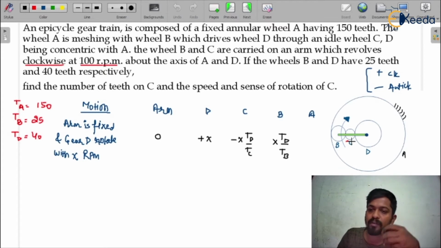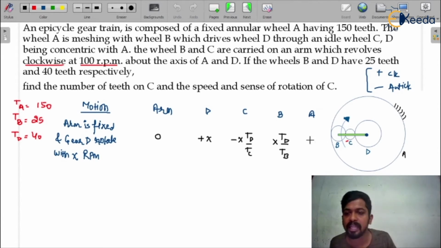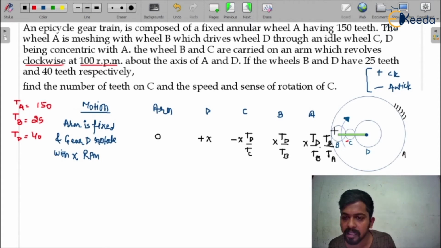If gear B rotates in anti-clockwise direction, gear A will rotate in anti-clockwise direction. So here in the table you can see the gear B rotates in clockwise direction, so that would be the same direction of the gear A. So that is x TD upon TB multiplied by TB upon TA. That is the same procedure using the velocity ratio, and TB would be cancelled out.